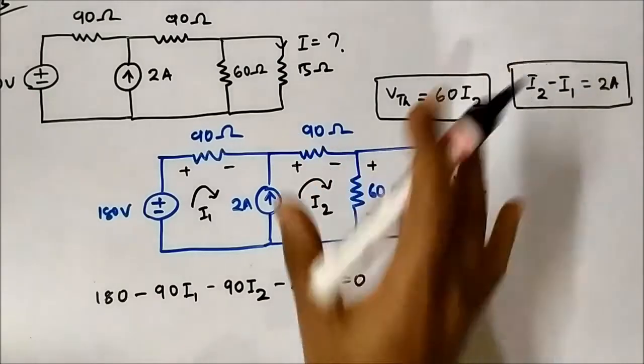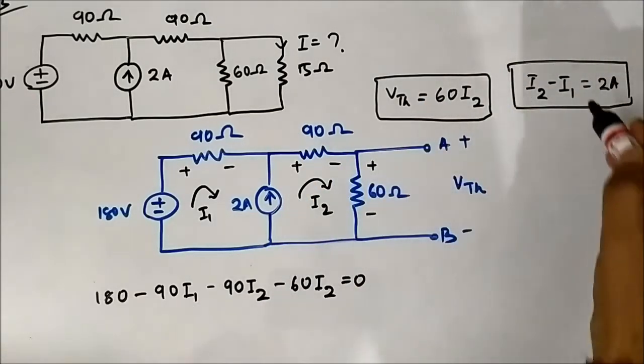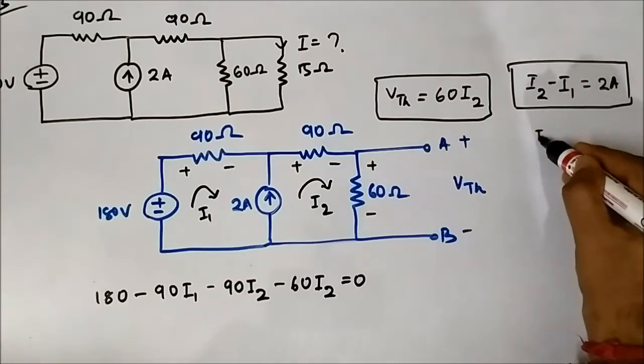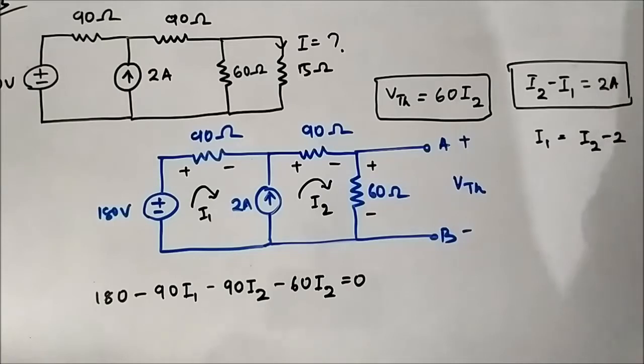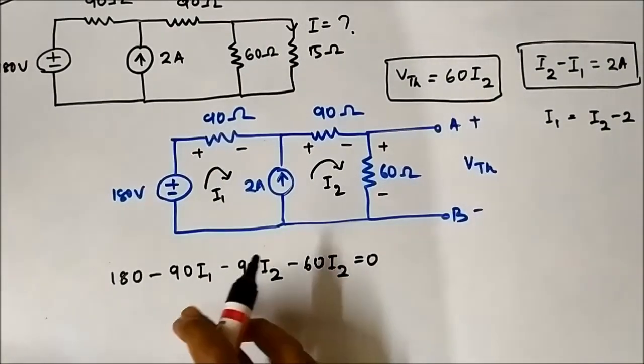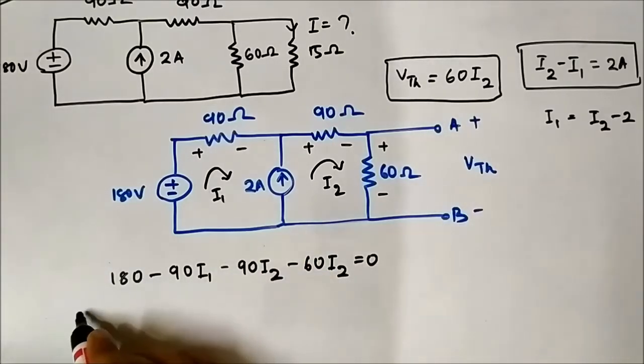So we have to determine I2. Let us convert all the I1s in terms of I2. So I1 is equal to I2 minus 2. In place of I1 we will replace I2 minus 2.